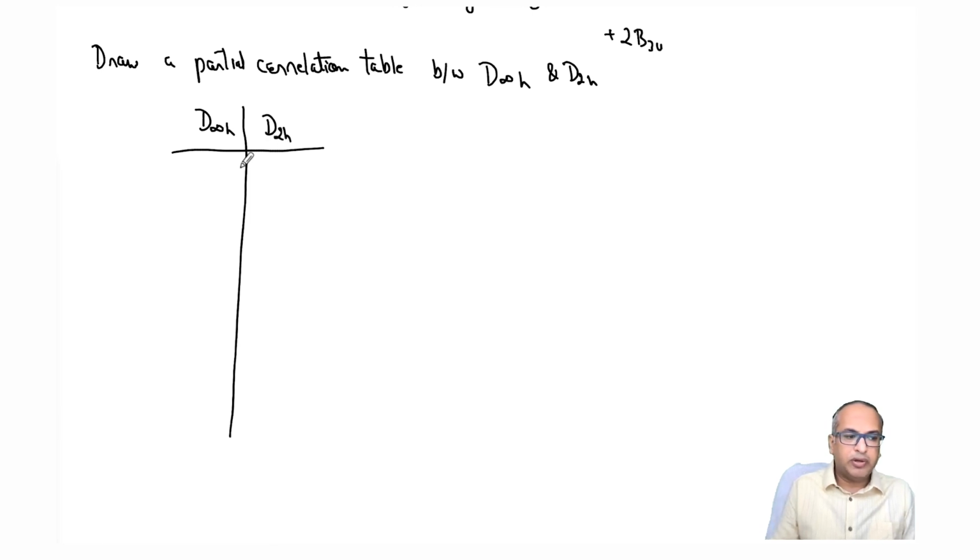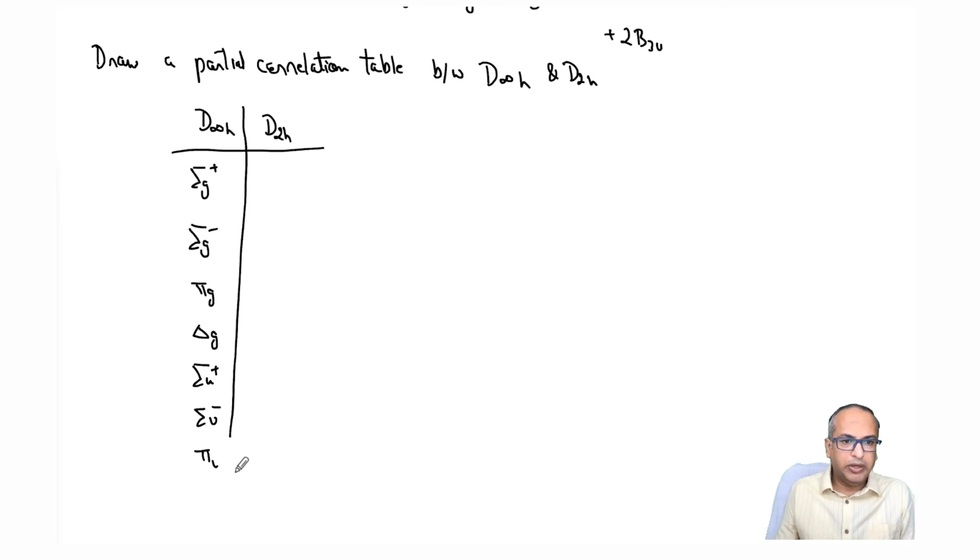So you have sigma g plus, sigma g minus, then we have pi g, and we have delta g, and we have sigma u plus, sigma u minus, pi u, and delta u.